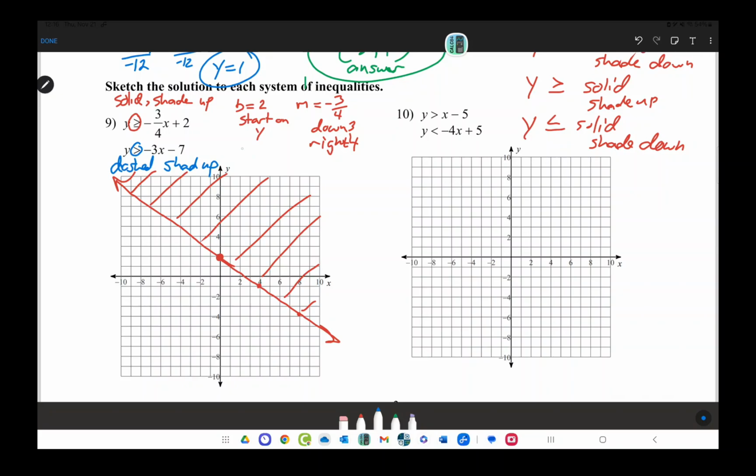Blue line, we have b is -7. So we start on y at -7. And slope is -3/1. So down 3, right 1. We go backwards up 3, back 1. Don't forget, this is dashed.